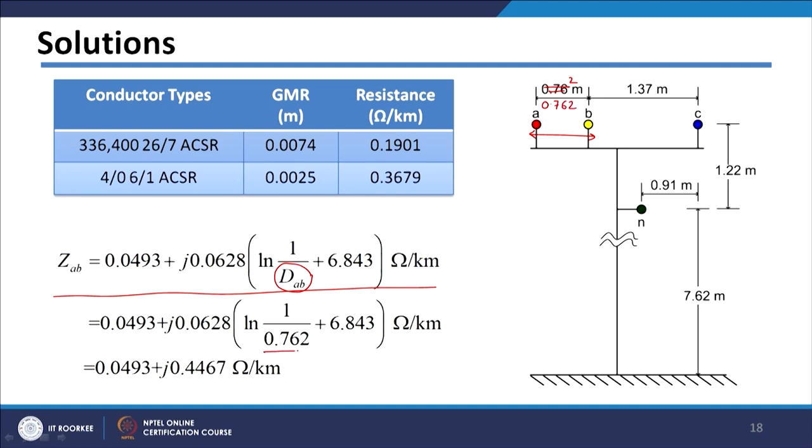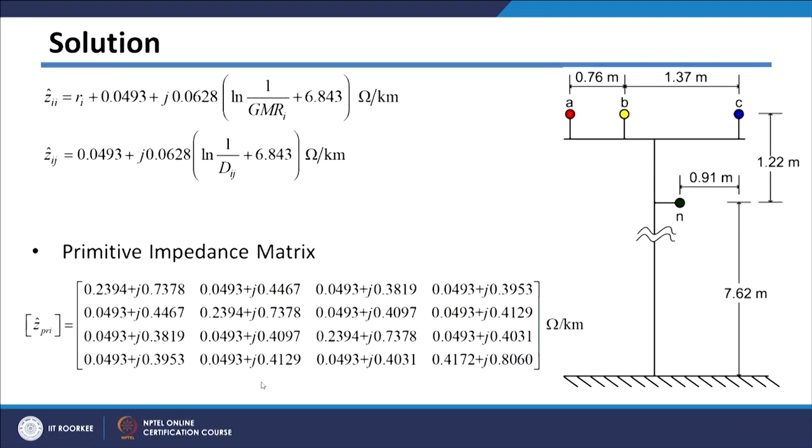After putting DAB here, I will get this mutual impedance between conductors A and B. Similarly, we can get the self impedances of all the conductors and the mutual impedances between all pairs of conductors, and if you do this I will get this primitive impedance matrix, which is 4 by 4 because we are using 4 conductors in this system. So, this is your primitive impedance matrix, 4 by 4 in size, calculated using these self and mutual impedance formulae given by Carson.